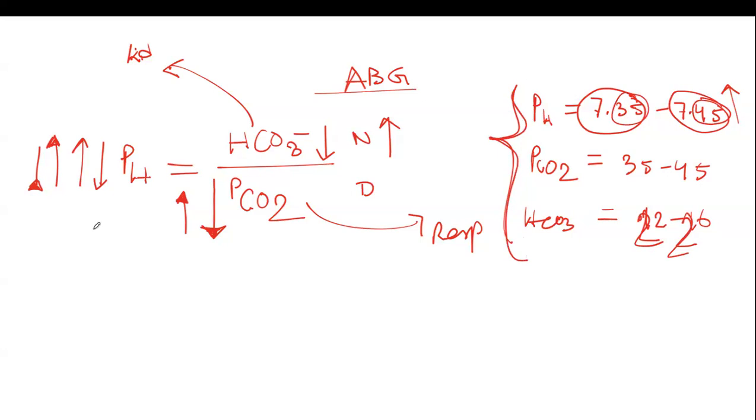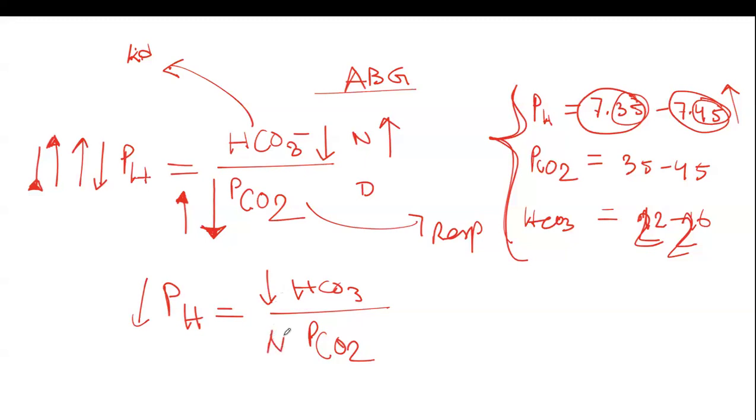Now, let me give you one example. pH equals bicarbonate over PCO2. Let's say you have found that pH is low, bicarbonate is low, and PCO2 is normal.